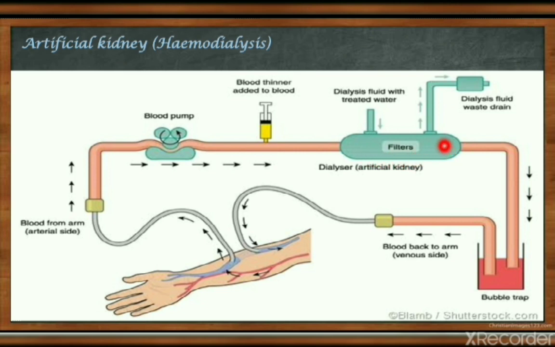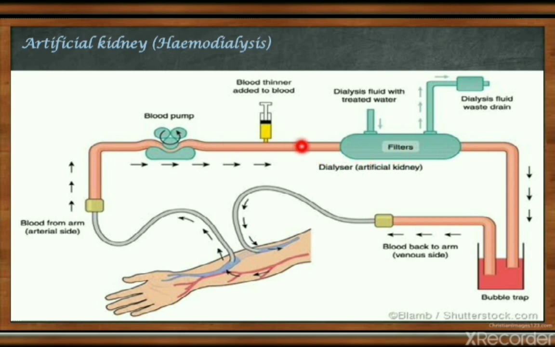Once again you see here. You all know that due to diffusion, the urea will move from higher to lower concentration. Diffusion is the process in which any particle moves from higher concentration to lower concentration.